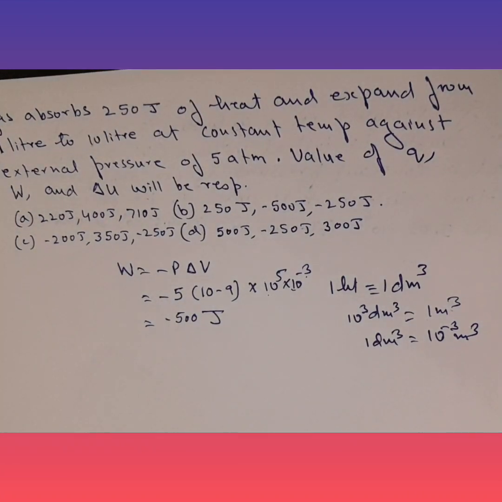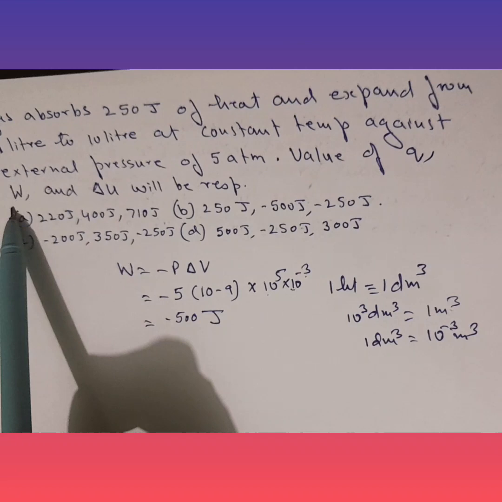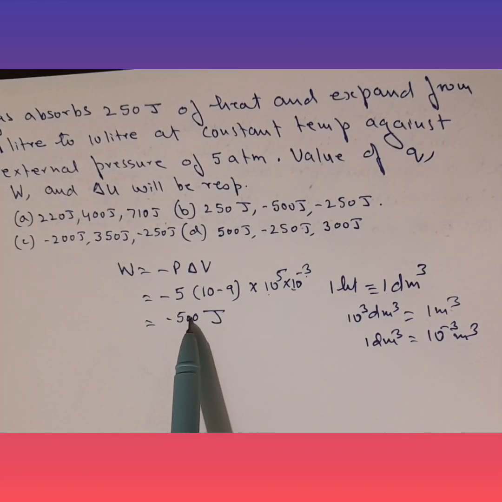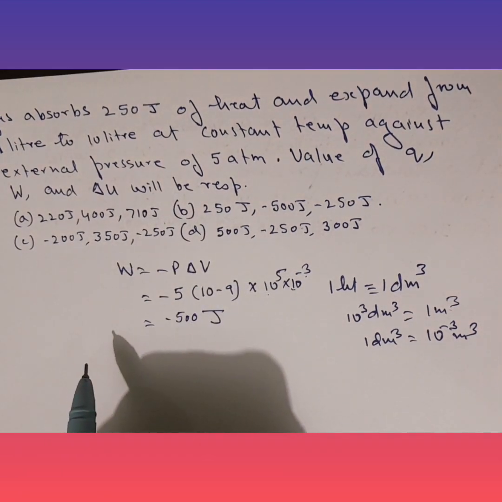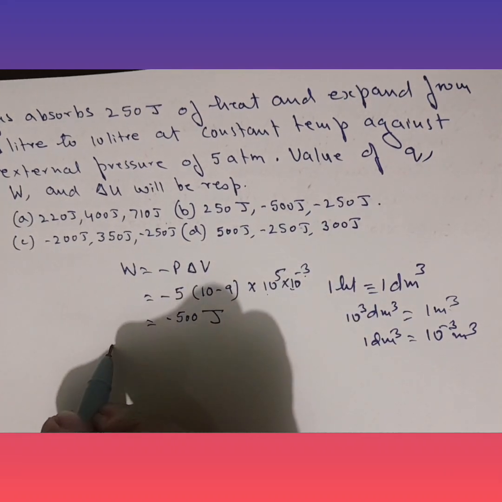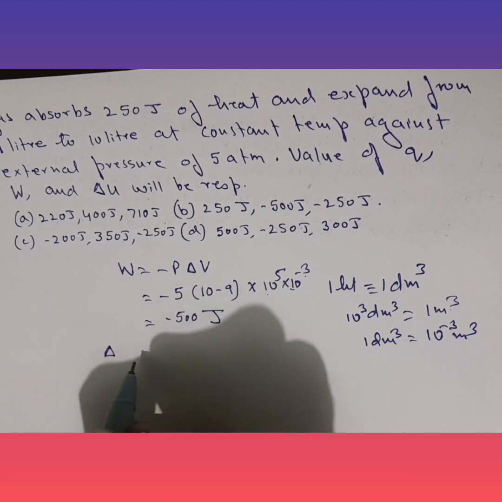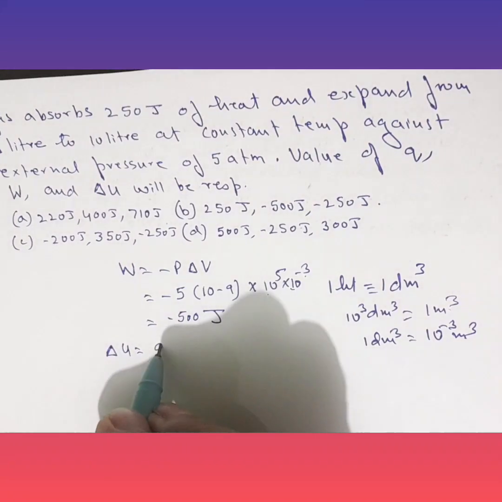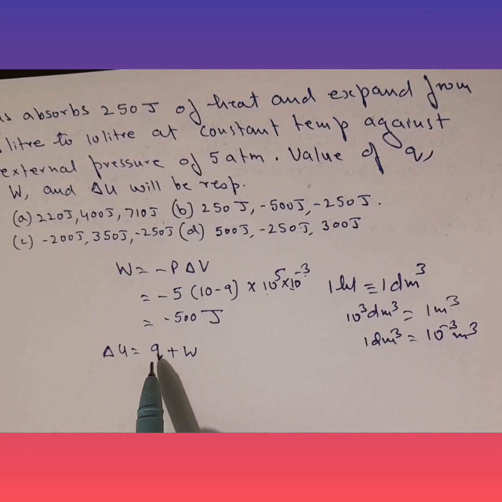Our job is not yet done, because we are also interested in getting Q, W and del U. So work is minus 500. Now let's get into del U. We are now using the first law of thermodynamics, which says del U, internal energy, is equal to Q plus W, where Q is heat absorbed.